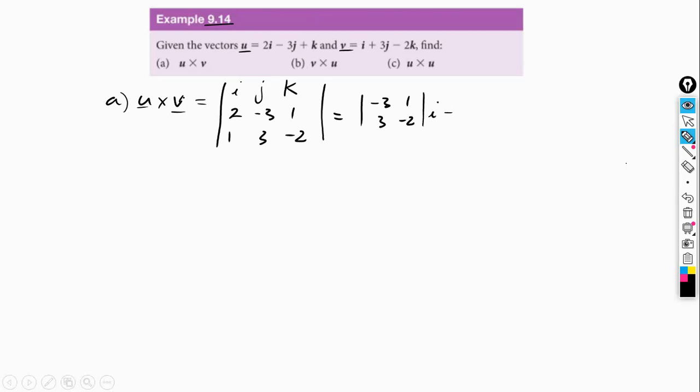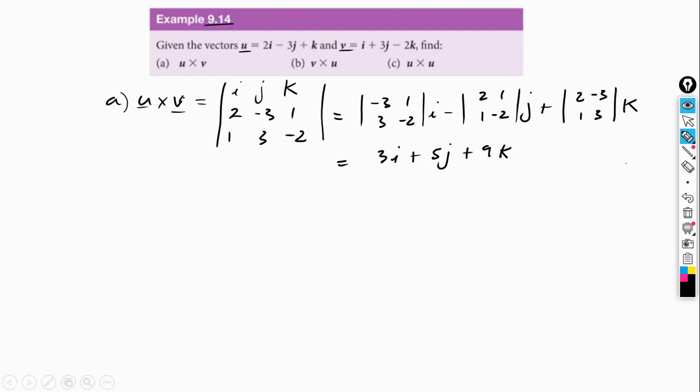Then we do minus, and for j, the components that are not in the same column as j, so that would be 2, 1, 1, and -2, times j, and then plus, and the same thing with k, so 2, -3, 1, and 3, and this times k. If you do the math, you're going to get 3i plus 5j plus 9k. And that would be the answer for letter a.